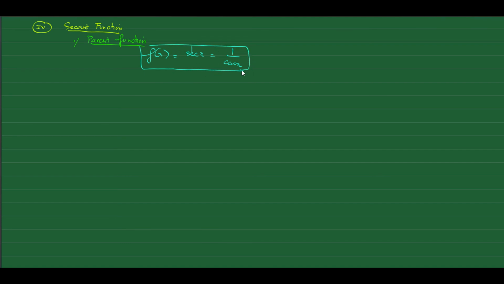So the period, again, is still 2 pi. Domain will be all real numbers except for pi over 2 plus k pi. There you go. And the range will go from negative infinity to negative 1.